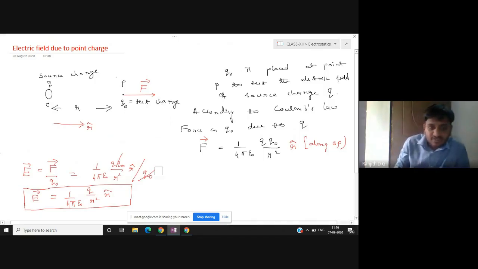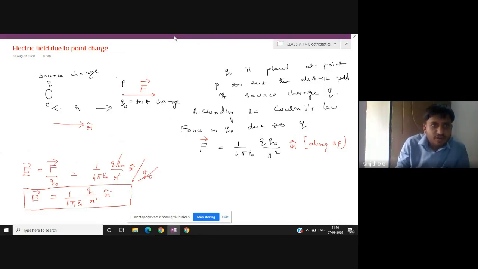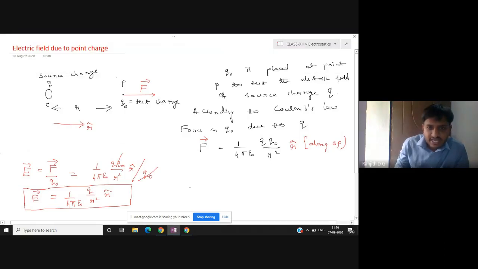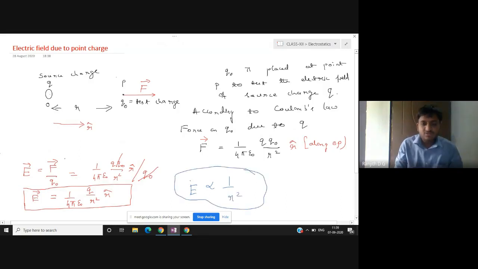And also, observe this equation. The electric field of a point charge varies inversely proportional to R square. That means as you go away from the source charge, the electric field decreases in the square of the distance.